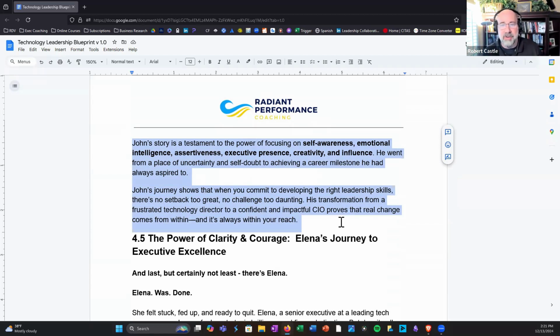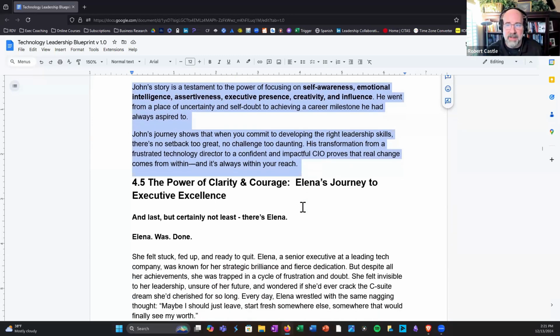John's journey shows that when you commit to developing the right leadership skills, there's no setback too great, no challenge too daunting. His transformation from a frustrated technology director to a confident and impactful CIO proves that real change comes from within, and it's always within your reach.